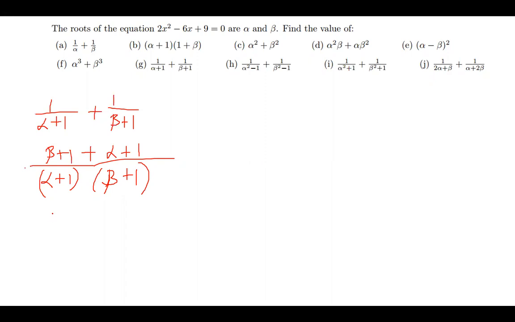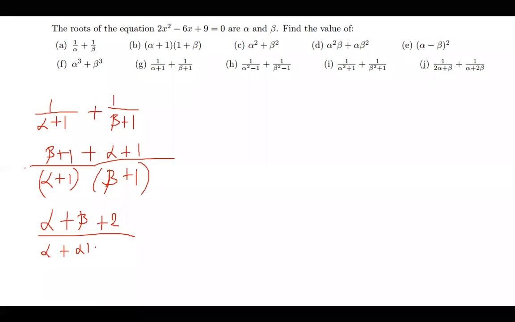Here you're going to have alpha plus beta on top, then plus 1 gives you 2, everything divided by the product of the denominators. You're going to have alpha plus alpha beta, then plus beta plus 1.